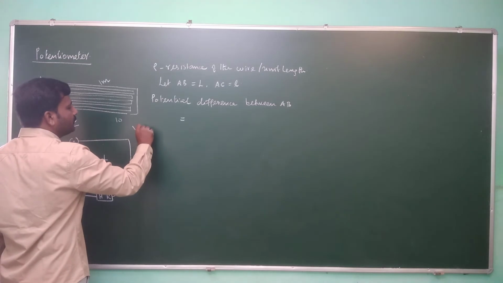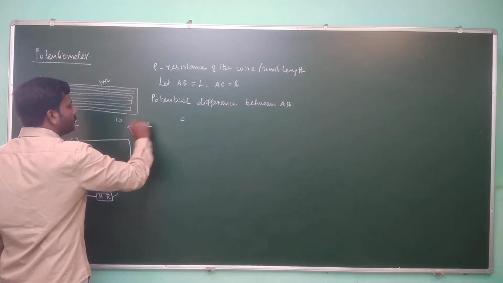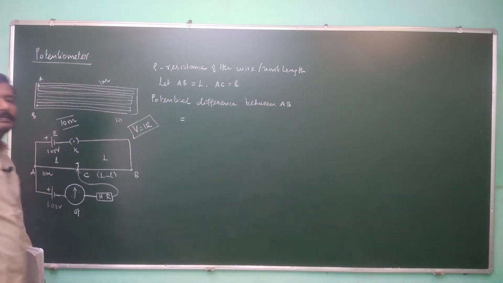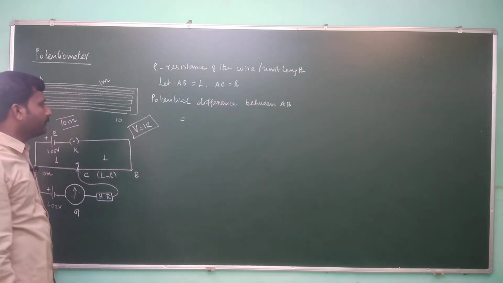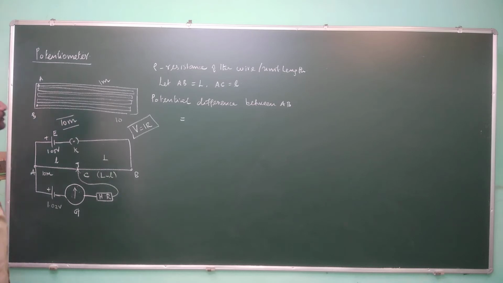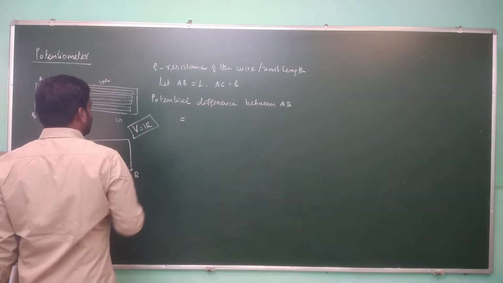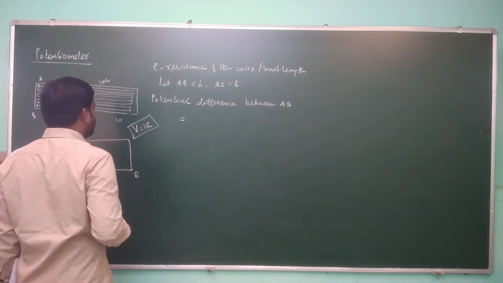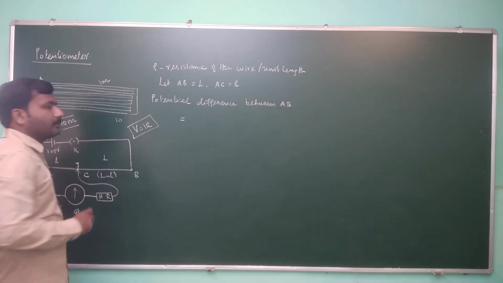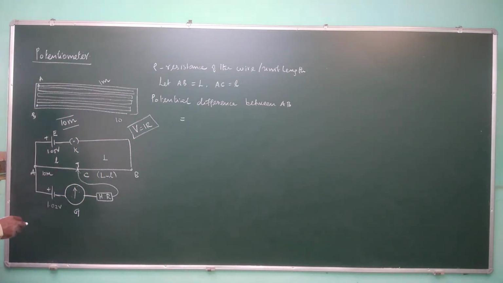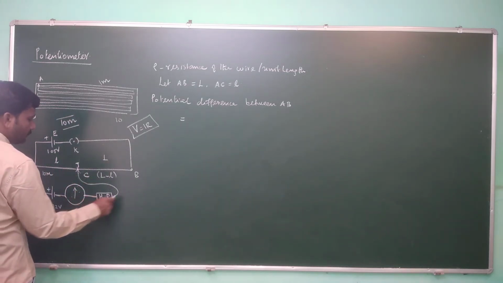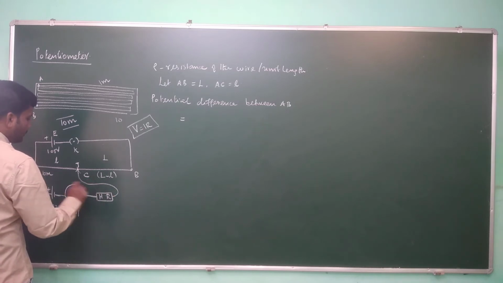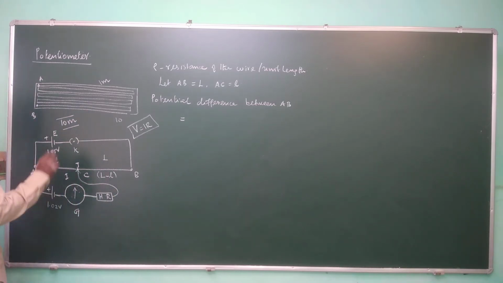V is equal to the product of current and resistance at constant temperature, according to Ohm's law, right? So we need to write an expression for current and an expression for resistance. Let's take the current flowing through this wire as I.